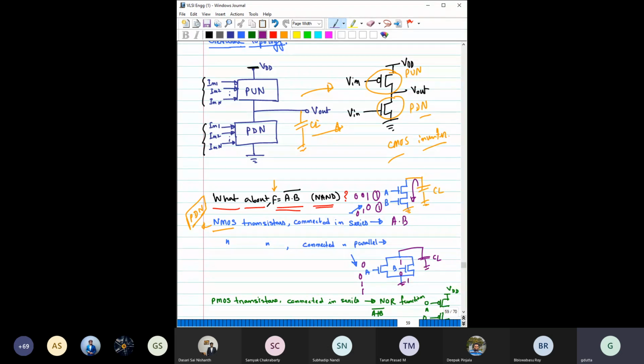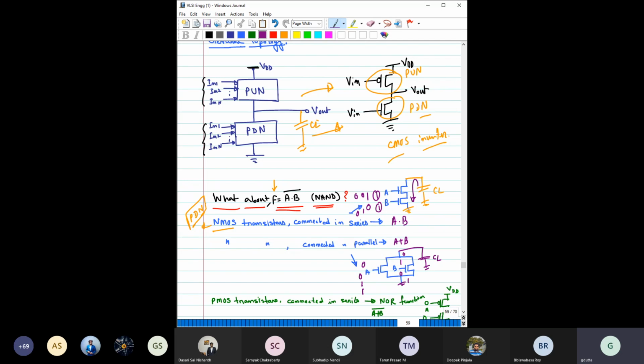If you apply 0, 0, then it cannot discharge, because now both the transistors are off. At least one of the transistors has to be on. So definitely from here you can say this is an OR operation if you connect these two NMOS in parallel.